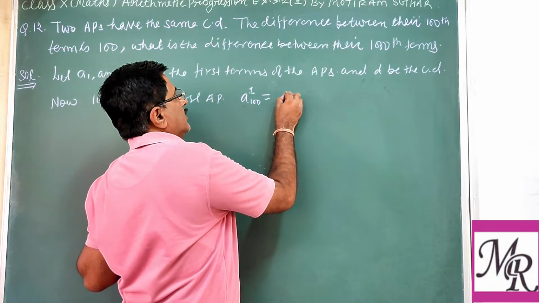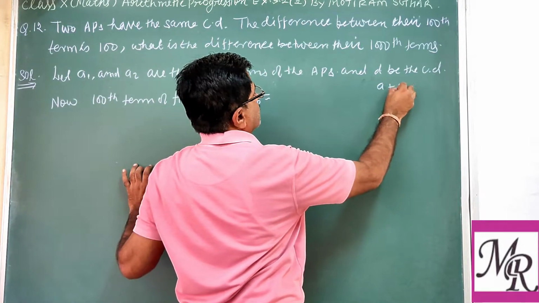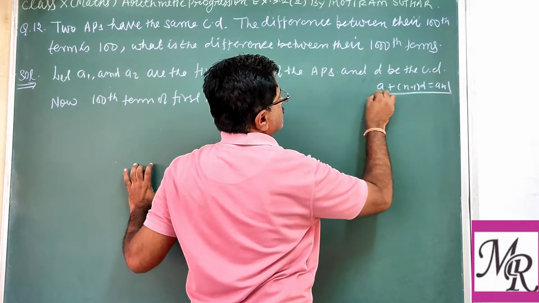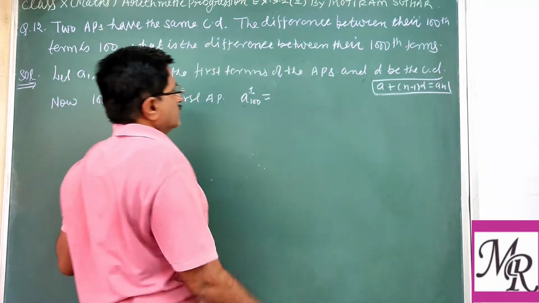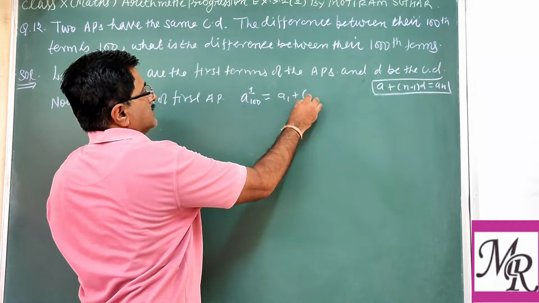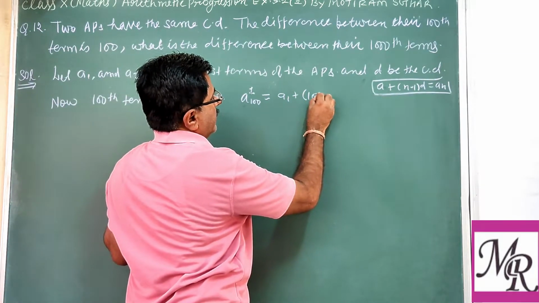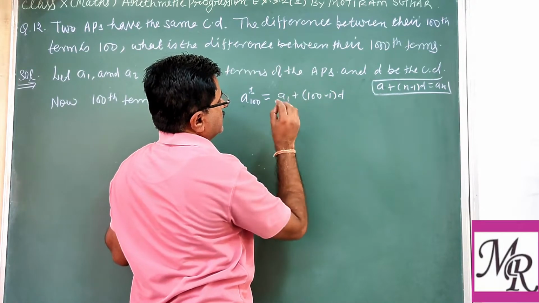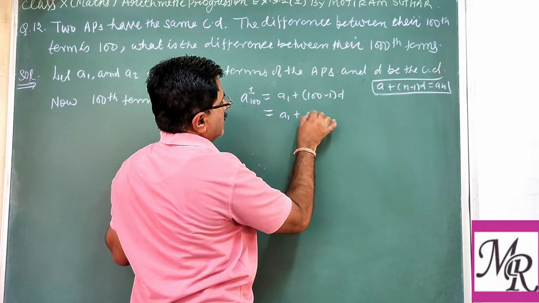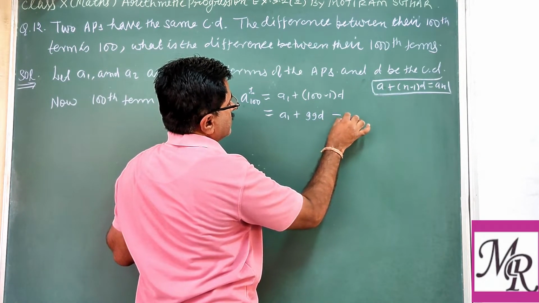Using the formula a plus n minus 1 d, this is the formula we have to use, the nth term. So a means first term of the first AP is a1 plus, n is 100, and common difference is d. So we have a1 plus 99d. This is equation number 1.